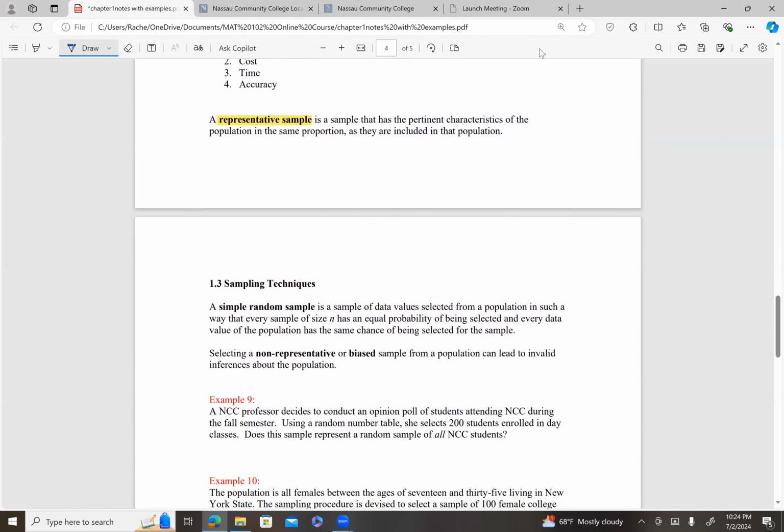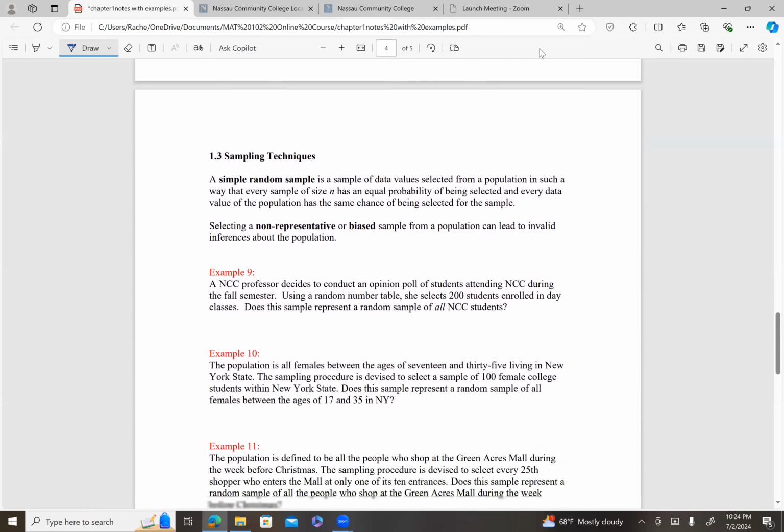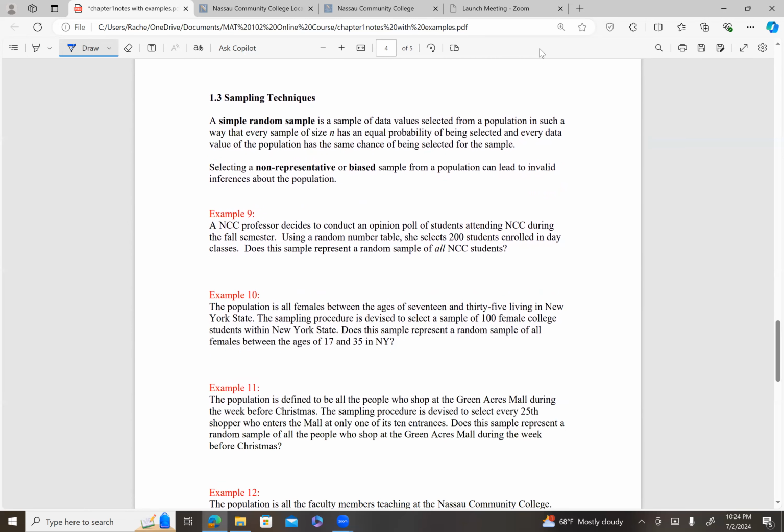Before we get to the next set of examples, let's just cover section 1.3, which is sampling techniques. In statistics, realistically, there's a lot of different ways that we could take a sample. In this course, for the most part, we're always going to assume that we're taking a simple random sample. A simple random sample is kind of what it sounds like.